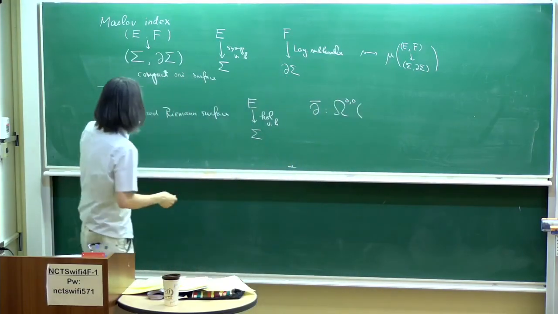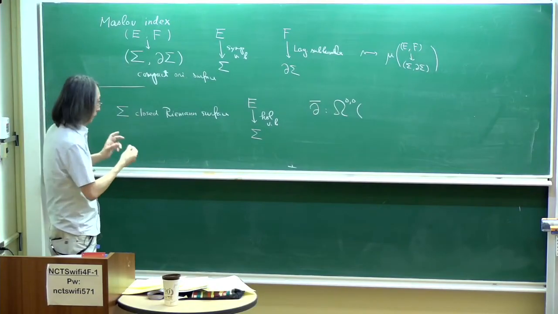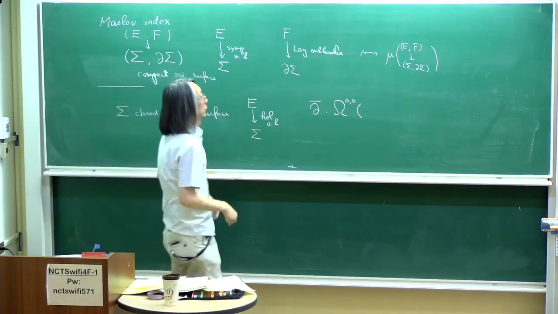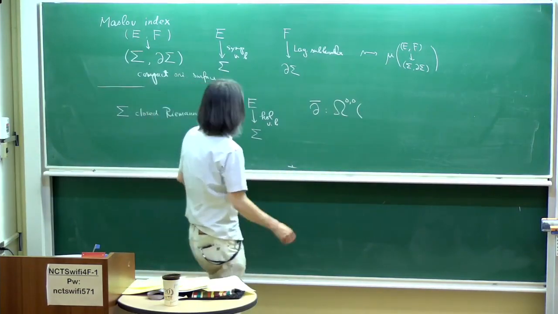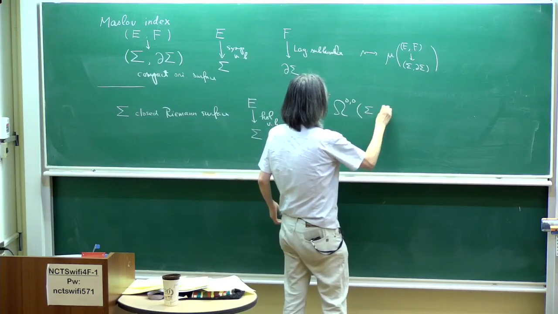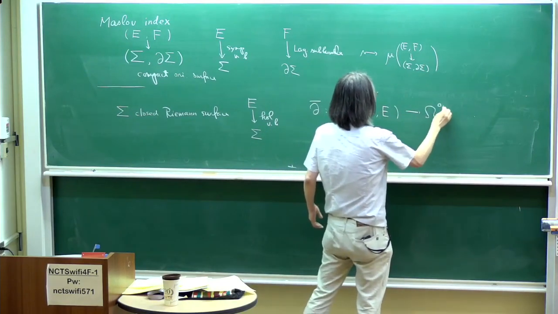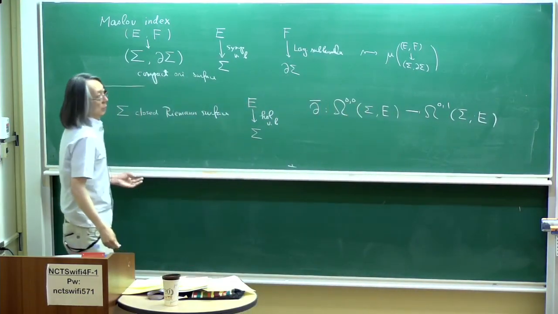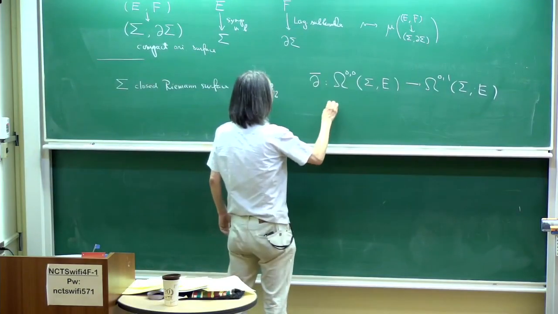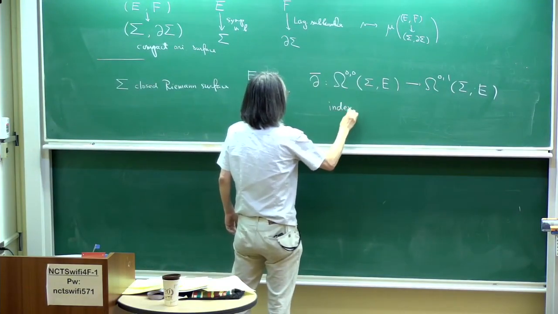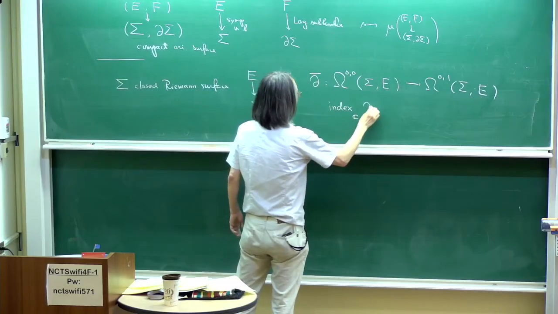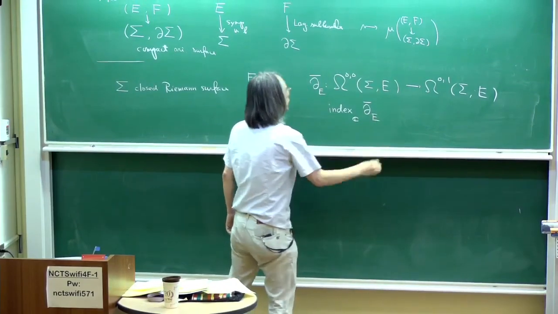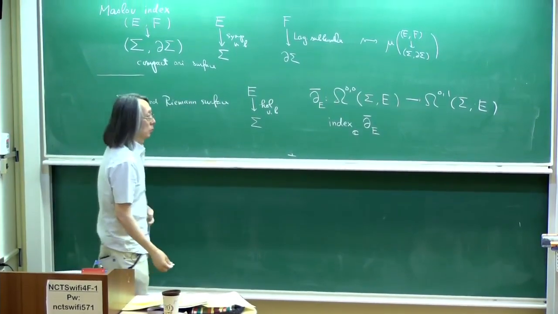So this is a complex manifold, therefore the complexified tangent space decomposes into 1,0 and 0,1, and the cotangent bundle also decomposes into this. And then here I have sigma and E going to omega 0,1 over sigma and E. And then this index, maybe the complex index of this operator, I just denote with E here, is given by the following formula.